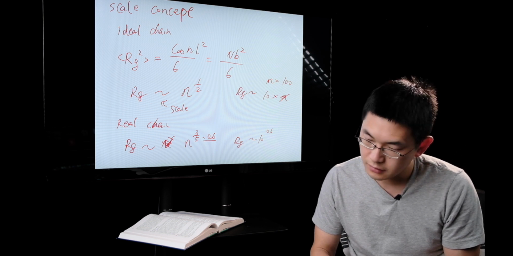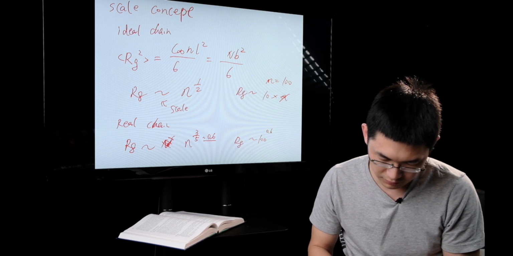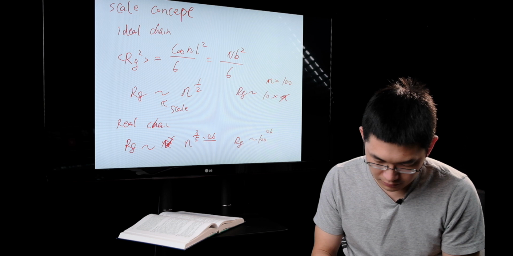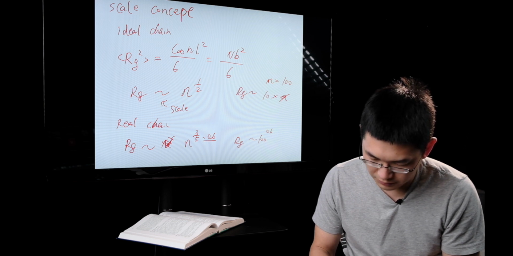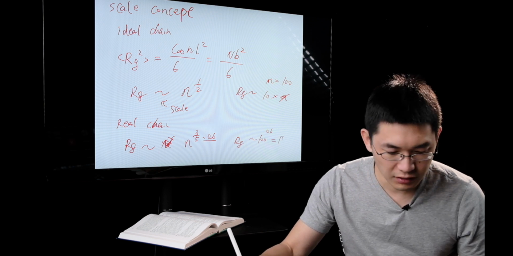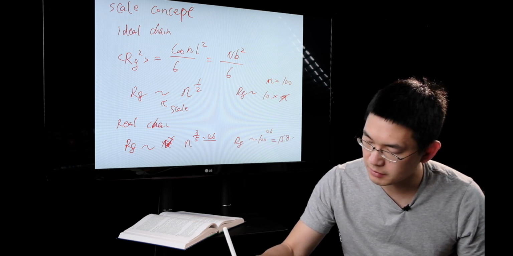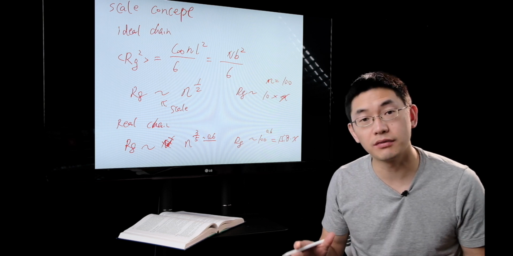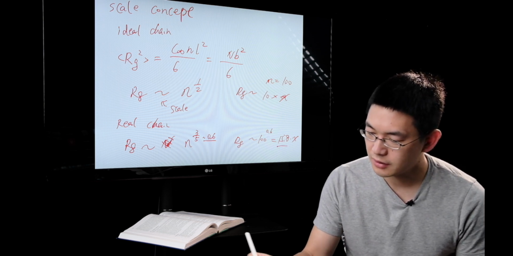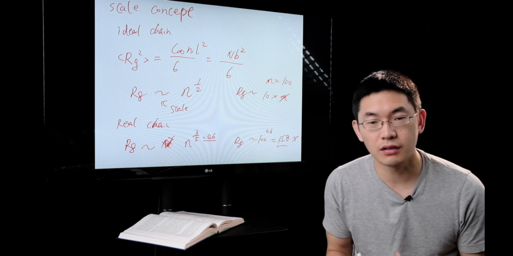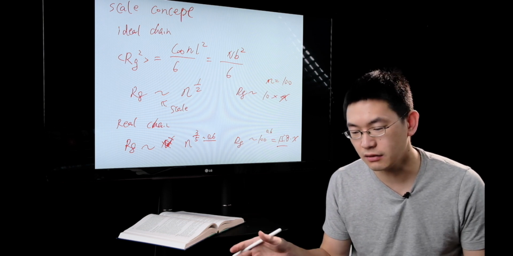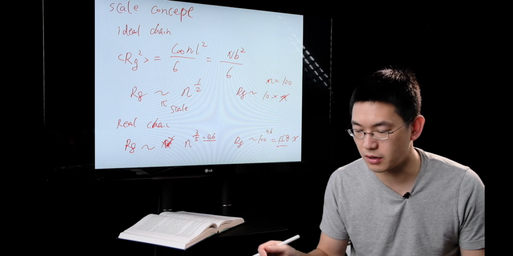So let's give it a try. 100 to the power of 0.6 equals 15.8 multiplied by x. That's quite a big difference, right? You are talking about more than 50% expansion of the size of the polymer coil in an idealized polymer chain versus a real polymer chain.